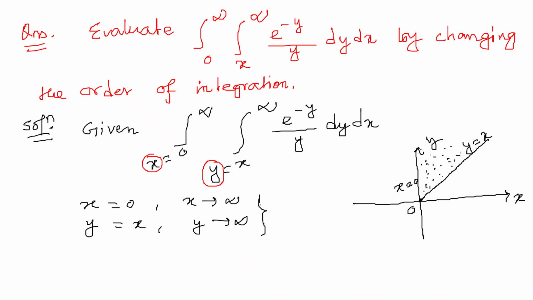As we are going to integrate with respect to x first, you draw a strip which is parallel to the x-axis, and this strip will help you identify the limits for x. Its bottom is on the left-hand side, that means x is starting from 0, the straight line, up to the straight line x is equal to y. Then y is as it is, from the lowest to the highest.